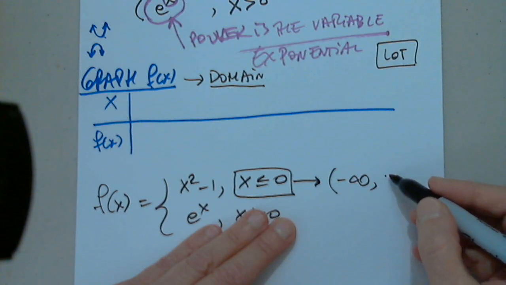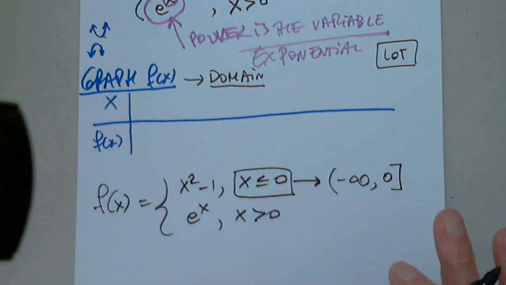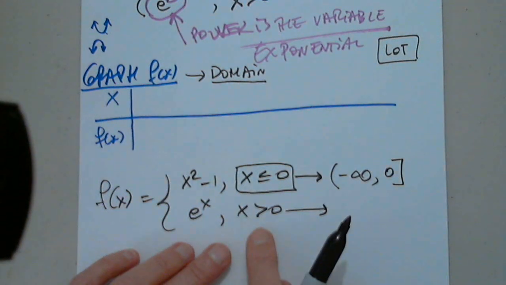Good. With a square bracket. Very good. Then parentheses. Awesome, awesome. Now let's change this one.